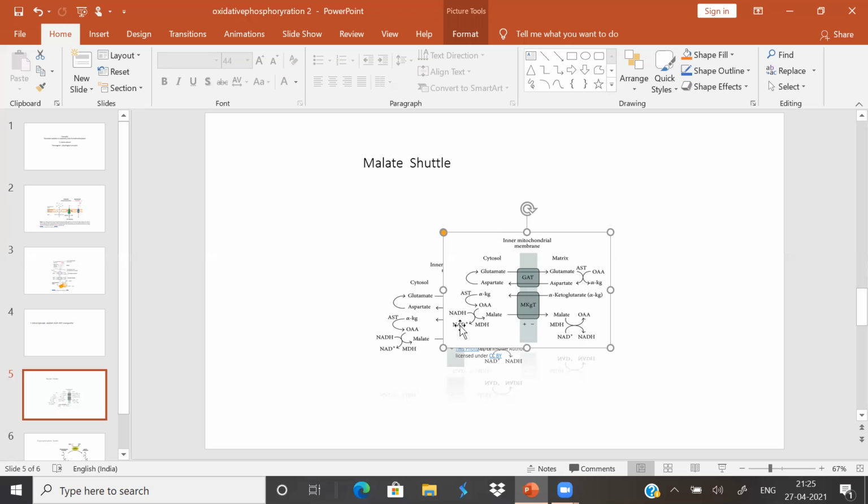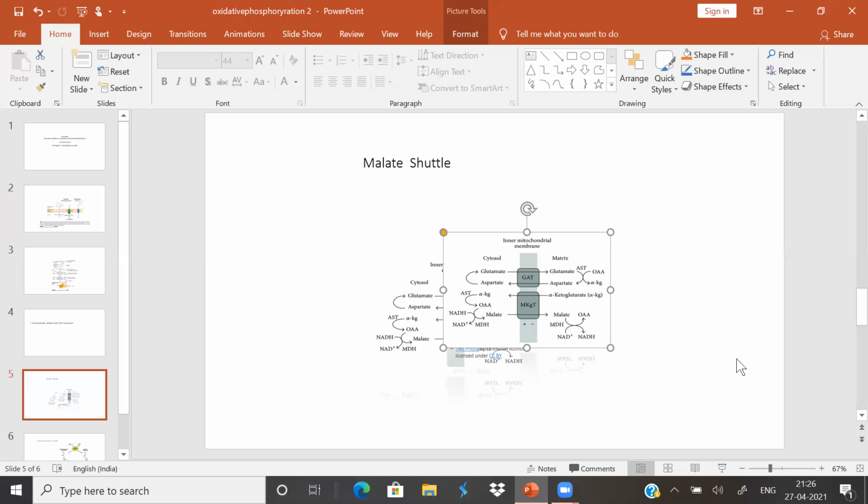So what happened? The oxaloacetate and NADH in the cytosol are converted to malate and NAD. This malate enters the mitochondrial matrix, and malate is converted to oxaloacetate, and NAD is converted to NADH, and this NADH goes to the respiratory chain. Now, this oxaloacetate cannot come out from the matrix to the cytosol.